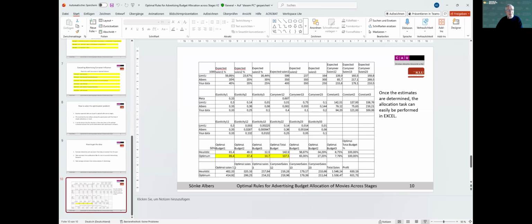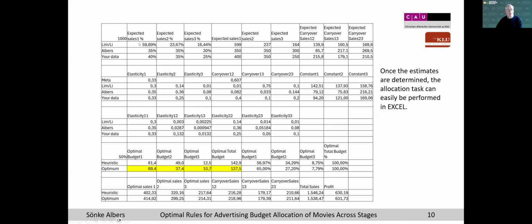Sorry for my mistake. So you will find here the percentages across the stages. For my own article, the assumed values, and you may have different data that are given here. Then if you assume, for this example, 1,000 as total sales, then you get here the numbers for the sales. You can also compute the carryover of the sales.